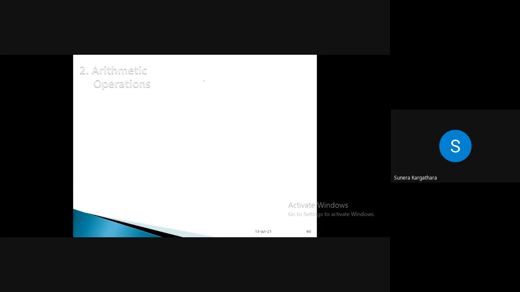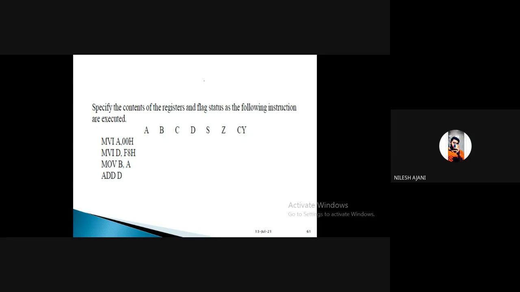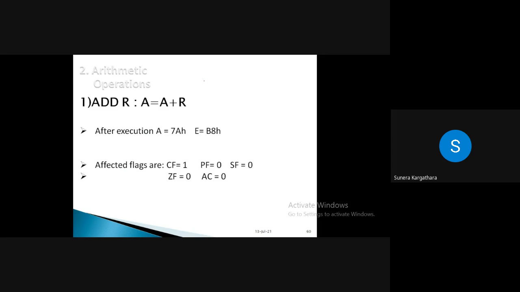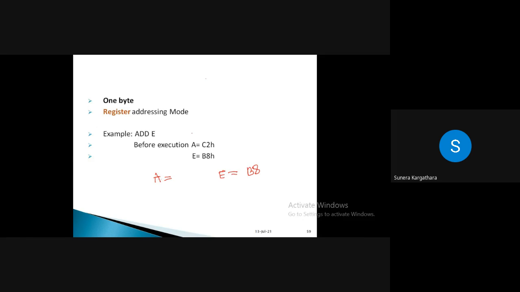See, one time I'll tell you, in case you find any difficulty while adding, convert it to binary. Suppose C, what is its equivalent binary? Here it is 12, binary to decimal. What is C equivalent binary?